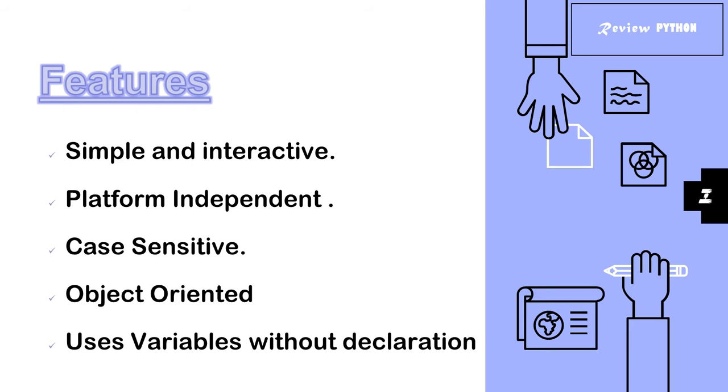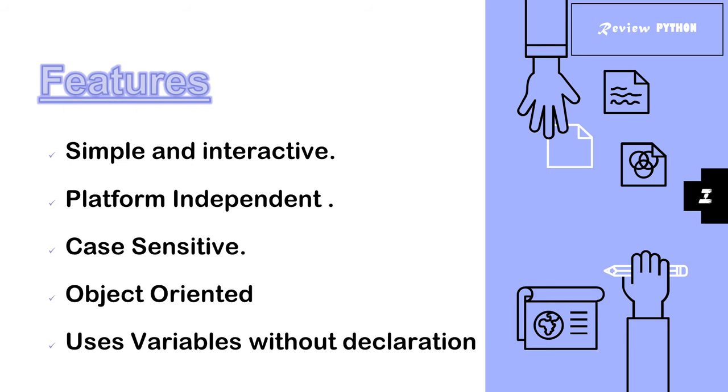The last is it uses variables without declaration. Most of the programming languages prior to Python that we used to study had that compulsion that to use a variable in the program you have to first declare it. Without declaration of a function or a variable you cannot use it in your program. But Python eliminates this compulsion, which makes it much easier.